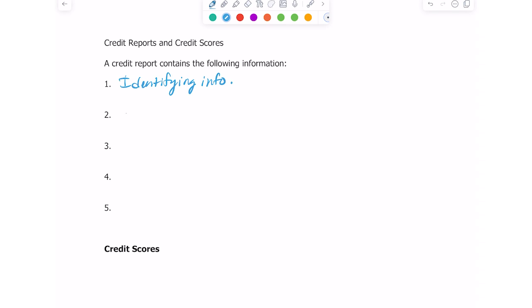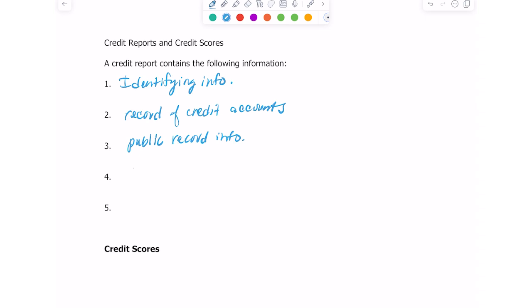The report also contains a record of your credit accounts, which are details of all the open and closed credit accounts, right? There's public record information contained there. So if you ever declared bankruptcy, things like that.